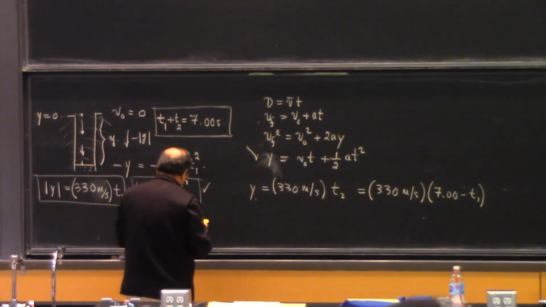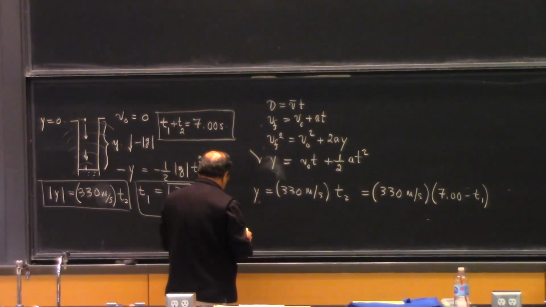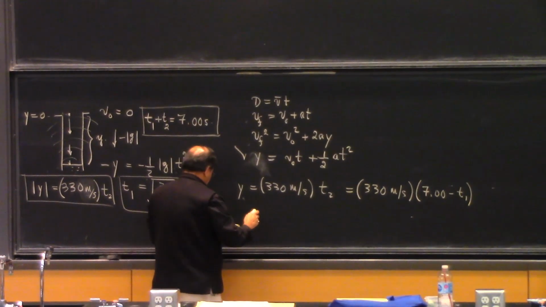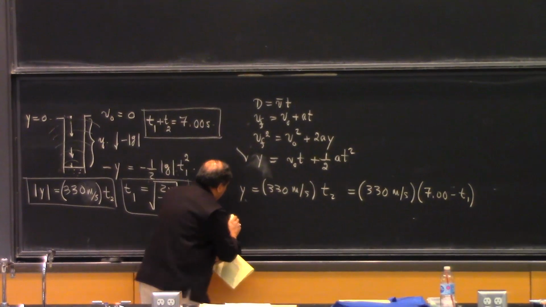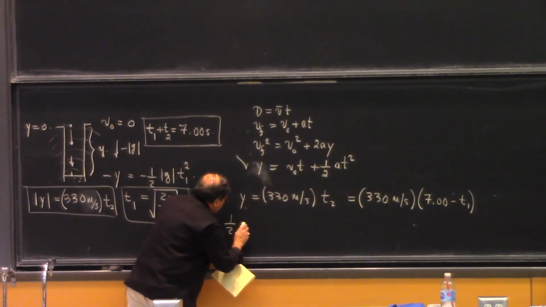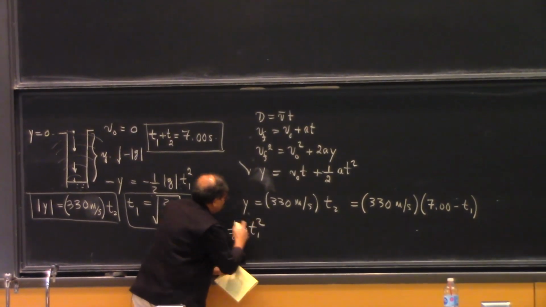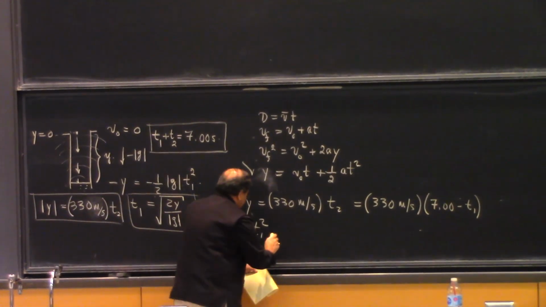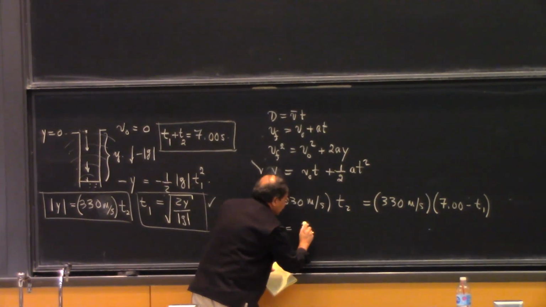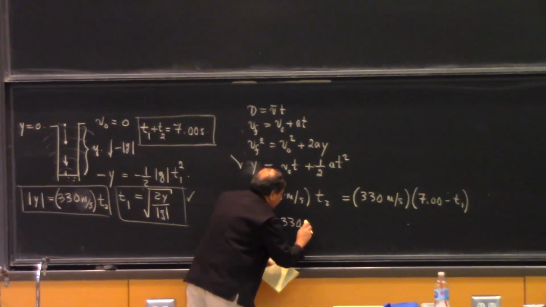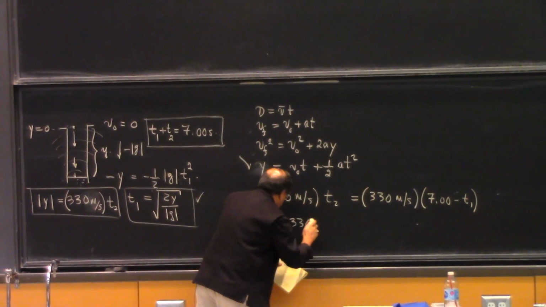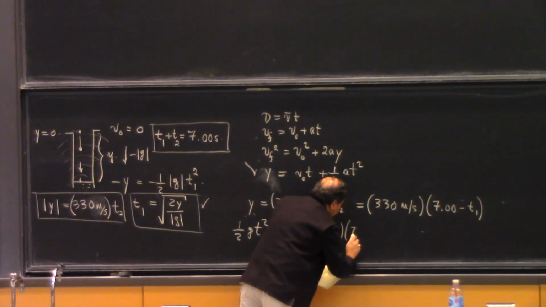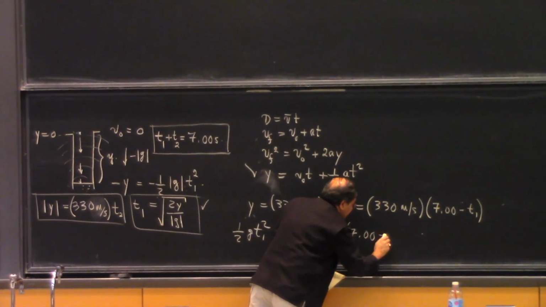In fact, I can write this y as half g t squared, so I can write half g t1 squared for this y, and this I'm doing from here or here, it doesn't matter. And this is equal to 330 meters per second times 7 minus t1.